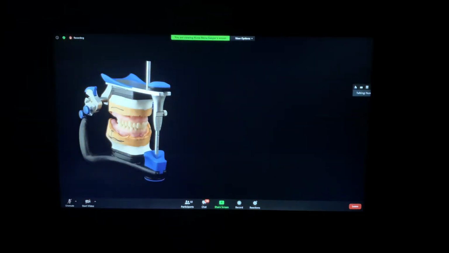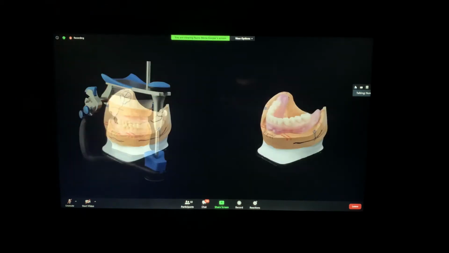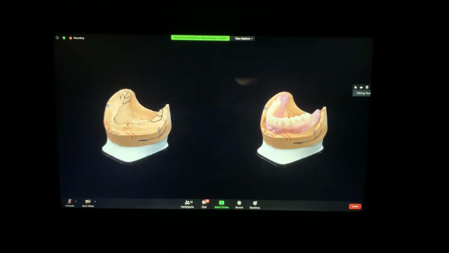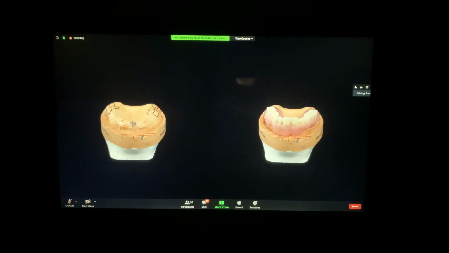And my technician sends back this workshop. The technician sent me back a denture model.